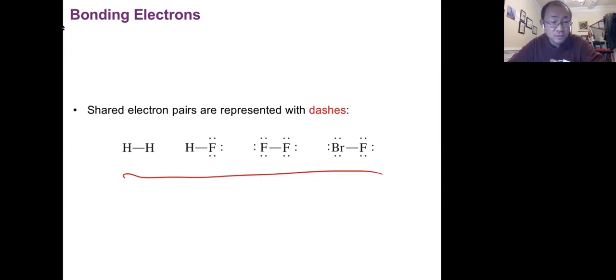That means two electrons, and we call that a covalent bond. So what does this dash mean? This dash means two dots shared. And of course, the other electrons that are not shared, like these, we don't use a dash. They're still dots. But the shared pair of electrons, because we call that a covalent bond, we use a dash to discriminate the ones shared versus the ones that are not shared. Don't worry, we'll talk about that right away. What do we call those that are not shared?